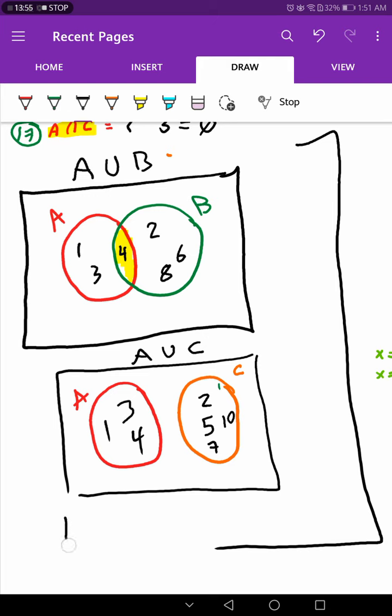We call them disjoint sets. That means there is no intersection area, or you can say in easy words, there are no similar elements between them.